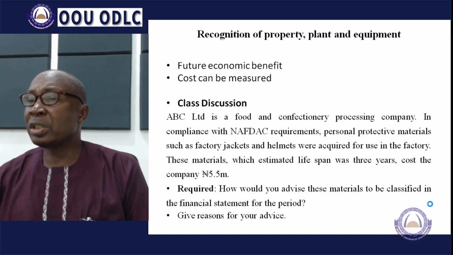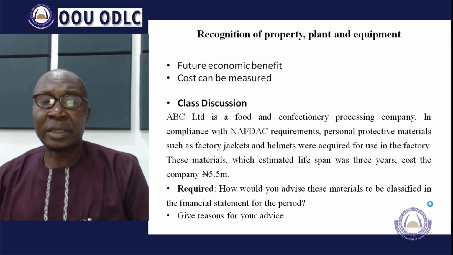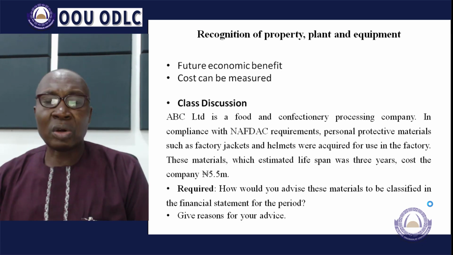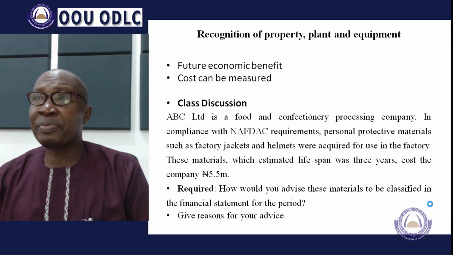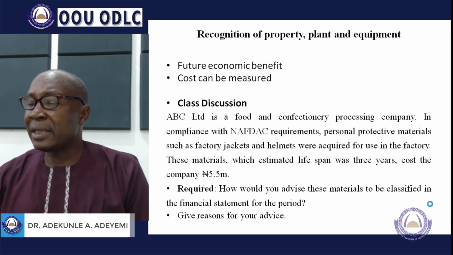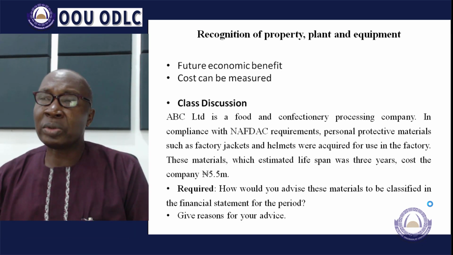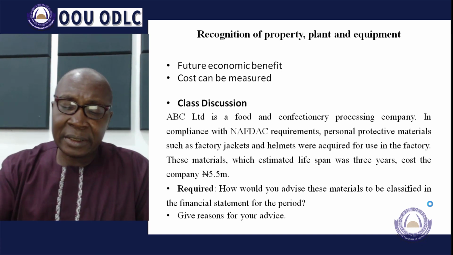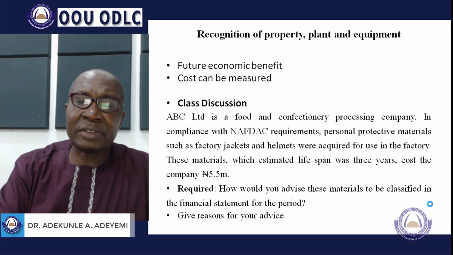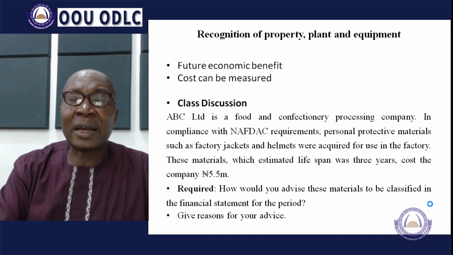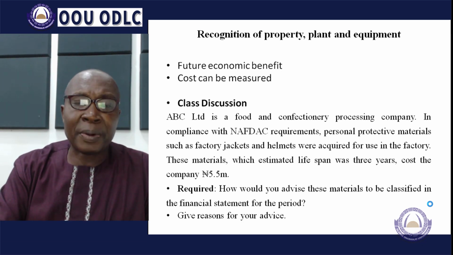The cost can be measured reliably. We have been given the cost of the item to be 5.5 million naira. And lastly, the materials are to be used for more than one period. They are to be used for 3 years. Therefore, these personal protective materials are to be classified as property, plant and equipment.